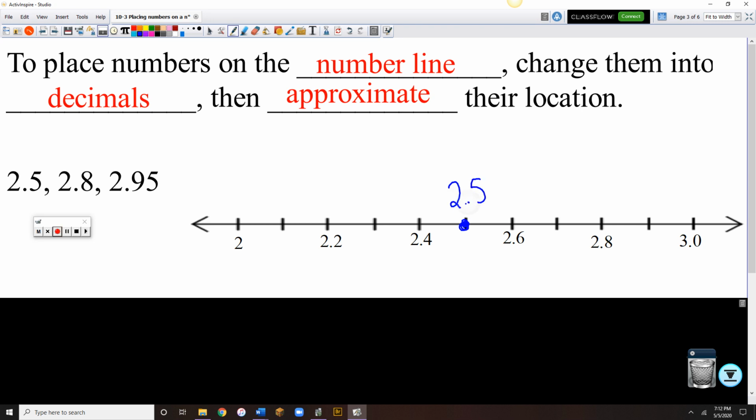You always label your number lines. Okay, 2.8, well, we can graph that, it's labeled. 2.95, well, right here is 2.9. 2.95 is going to be that halfway point between 2.9 and 3.